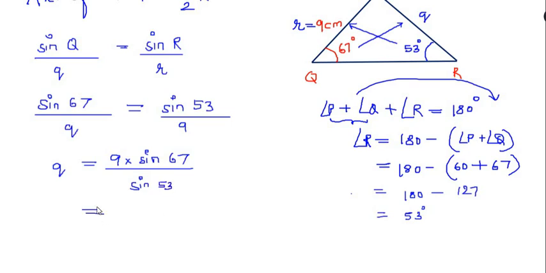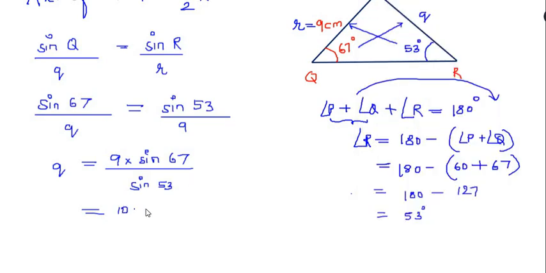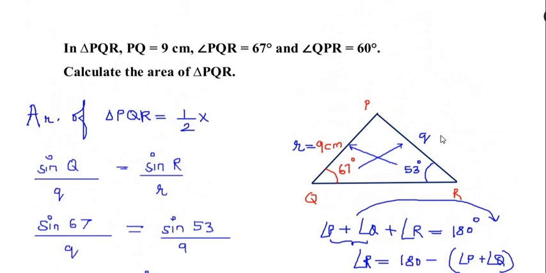Let us calculate how much we get for Q. It is 9 times sine 67 divided by sine 53 degrees. So we have 10.37. So we got side Q, which is 10.37 centimeters.